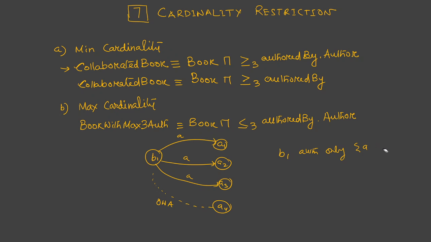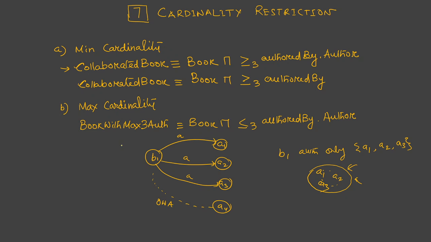So it will have author either A1, A2, or A3, nothing more, right? So we are closing the set of values that B1 can take. We are not taking any other elements from outside this set, A1, A2, A3. And that is the set of authors for B1.